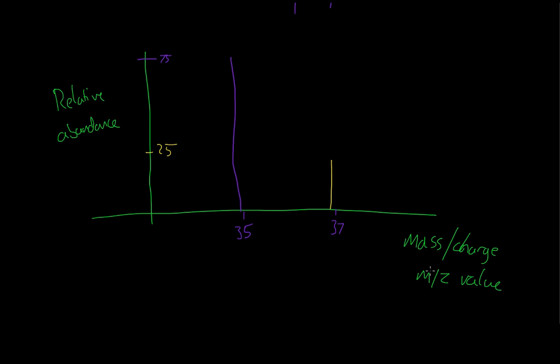And then another thing had a molecular weight of 37, which was its mass to charge ratio, that was only about 25% abundant. Now from the previous video, we know that chlorine has two isotopes, chlorine 35 and chlorine 37, and that the relative abundances are 75% and 25%. So this is what this graph shows.